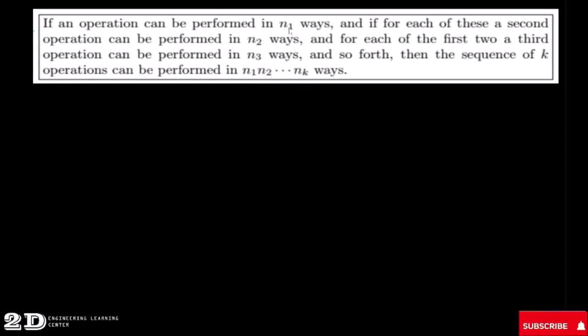So this is a somewhat hybrid rule for the multiplication rule. For example, the first event could be performed in n sub 1 ways. The second event can be performed also in another number of ways, or it is dependent on another event.